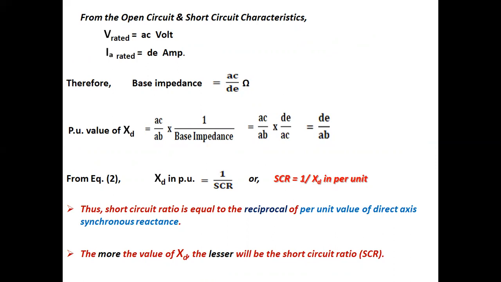Therefore, base impedance is equal to AC by DE.